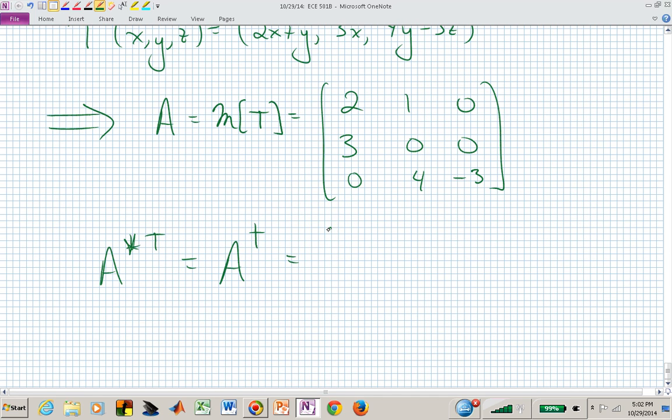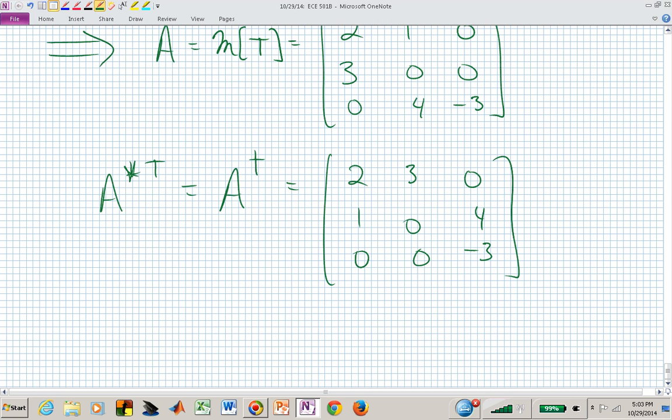If we now do the complex conjugate transpose, we get 2, 3, 0 in the first row, 1, 0, 4 in the second row, and 0, 0, minus 3 in the third row, which allows us now to say that T dagger of x, y, z is now 2x plus 3y, whoops, plus 4z minus 3z.